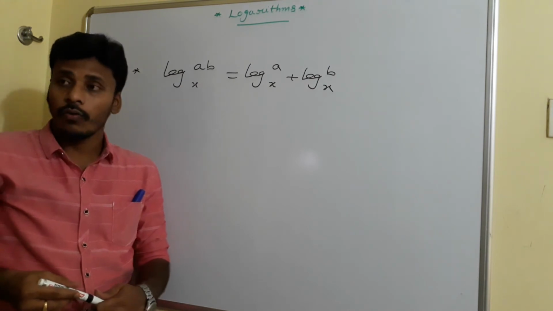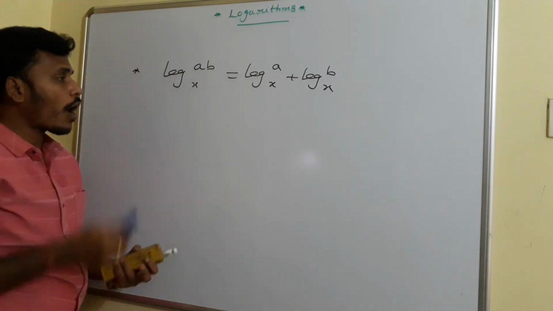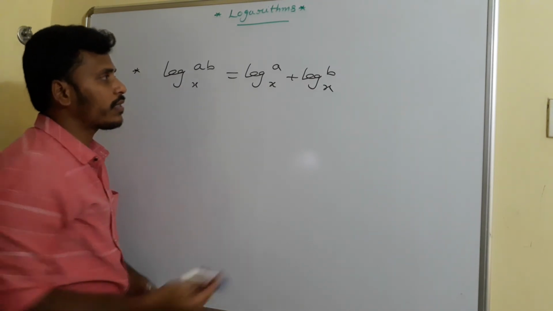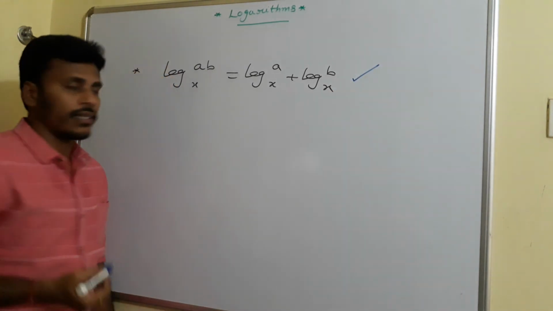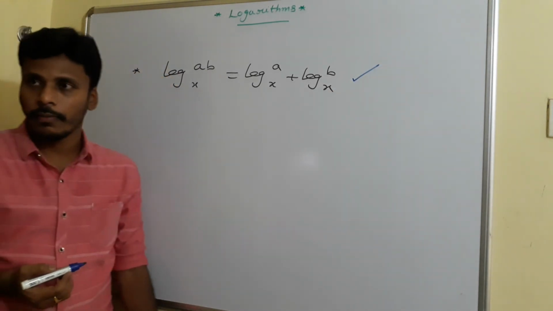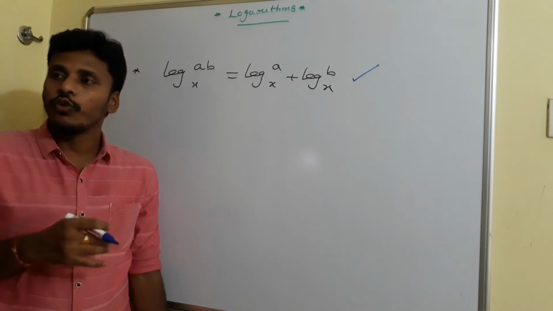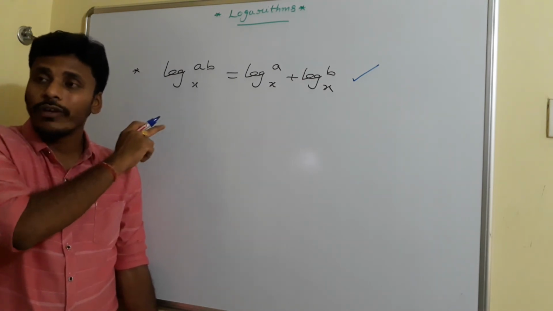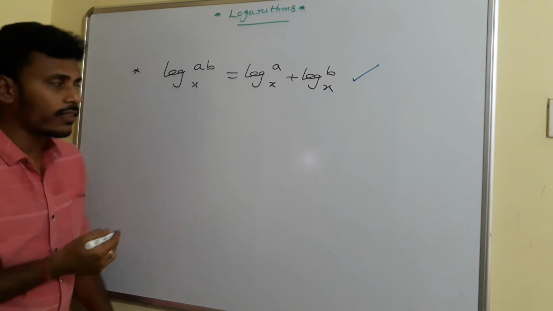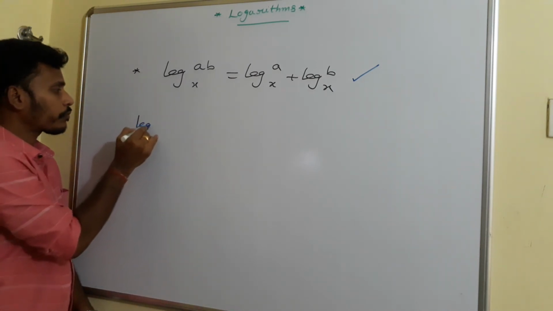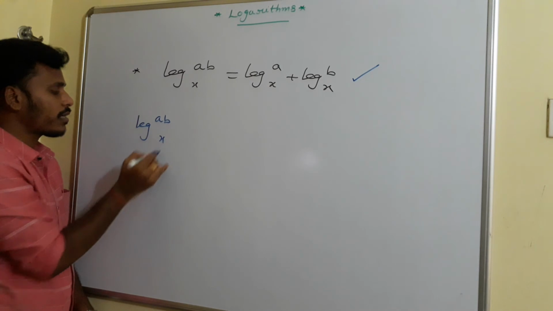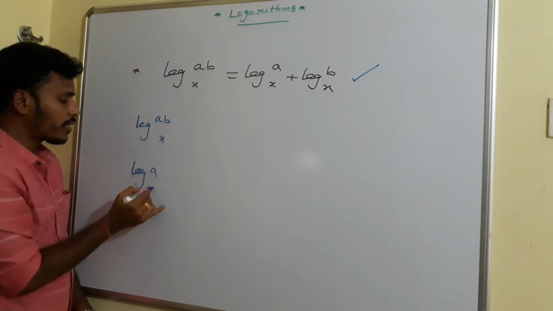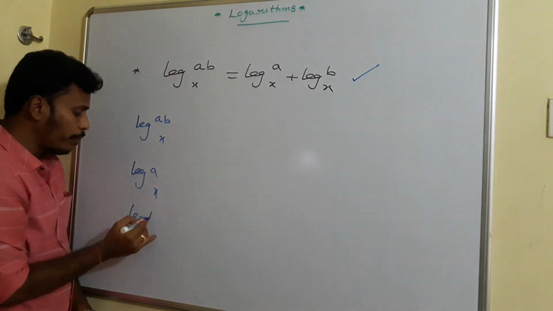Okay. Now, see, how to prove this logarithm of ab base x is equal to logarithm of a base x plus logarithm of b base x. To prove anything, as I mentioned, you need to get the support of exponents. So, the problem, if you look, involves three different logarithms. What are those logarithms? Logarithm of ab base x, logarithm of a base x, and logarithm of b base x.